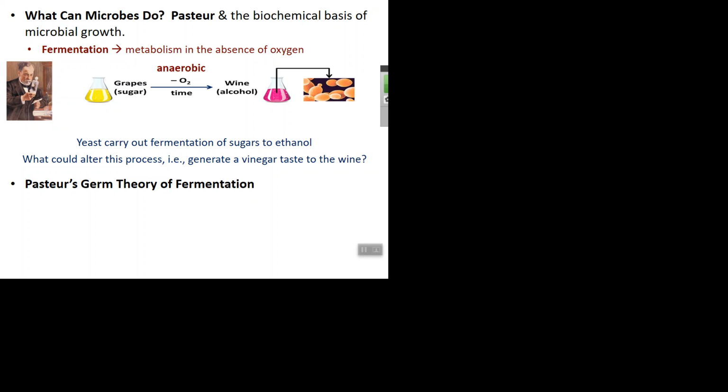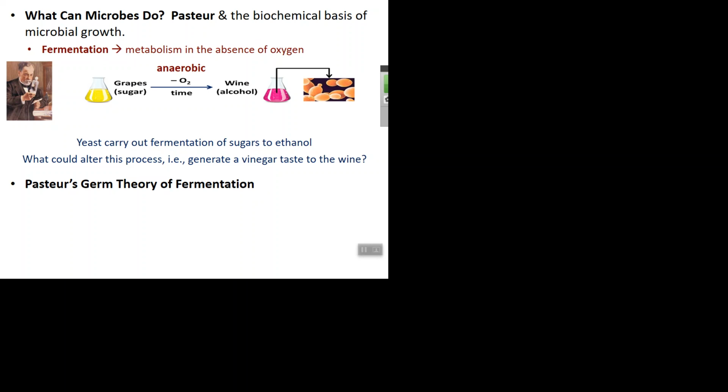And as the yeast proliferate and get more plentiful, which you can see by tracking from samples using a microscope, there's more and more yeast, and that equates to more and more alcohol. Right? So now we're seeing the link between cells causing this metabolism. It's not just a strictly chemical reaction. It's a biological reaction occurring because of the growth of microbes. Okay, and they're transforming the sugar, okay, the grapes, to alcohol, okay?